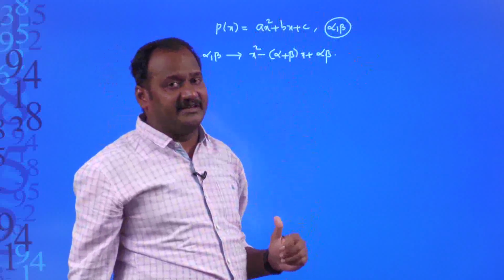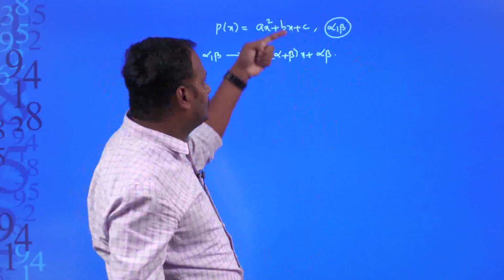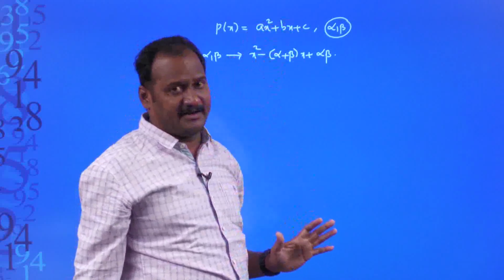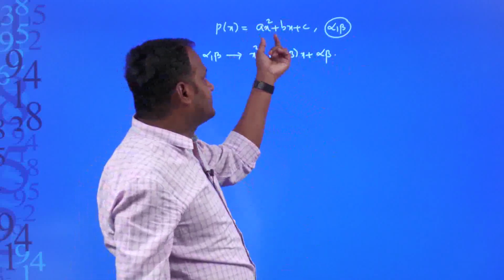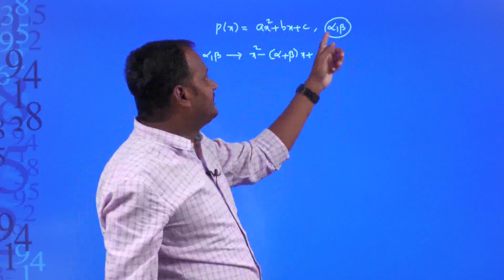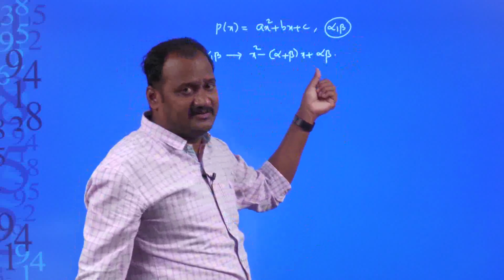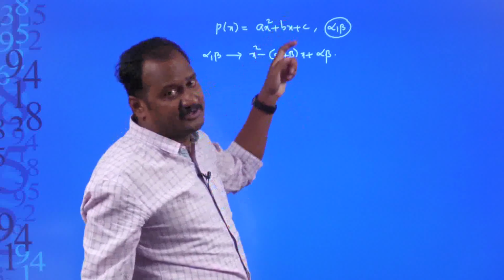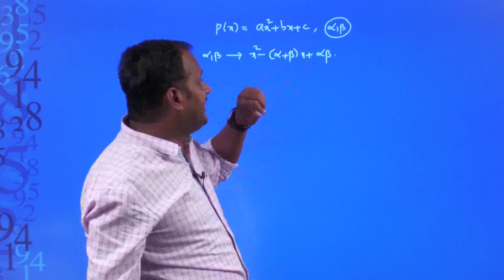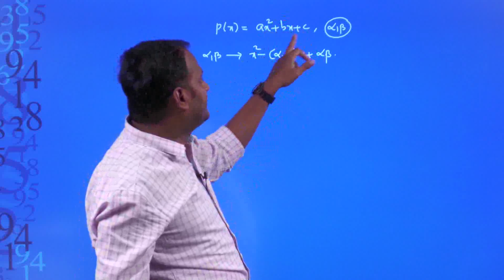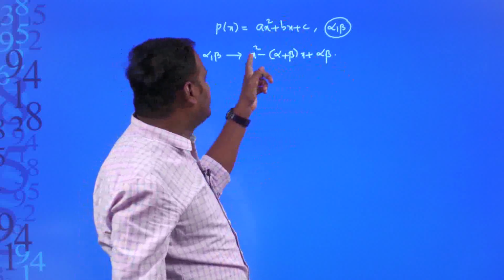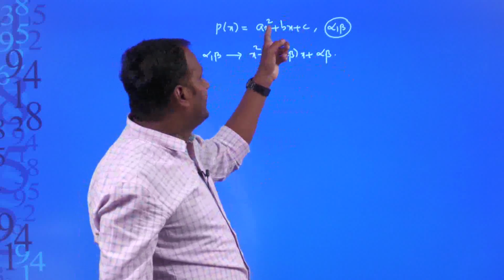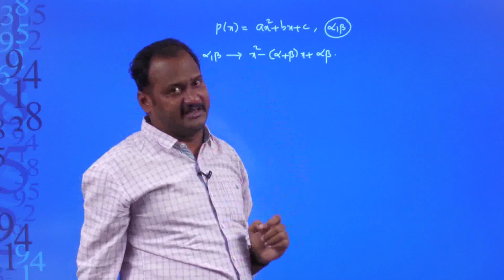So according to the information given, both the polynomials are the same, because alpha beta are zeros of both. Then I can definitely equate both of them. But beforehand, here the coefficient of x square is 1, whereas there the coefficient of x square is a.